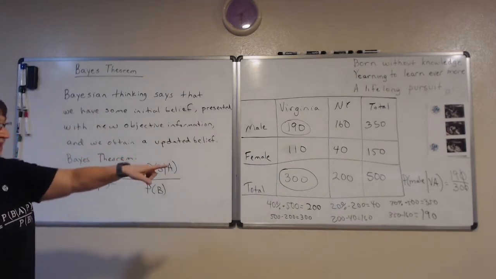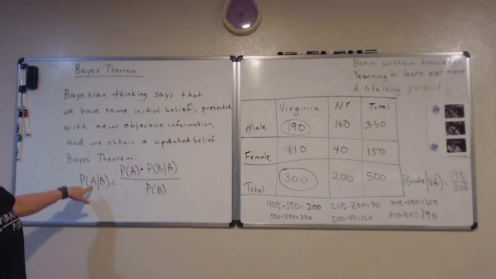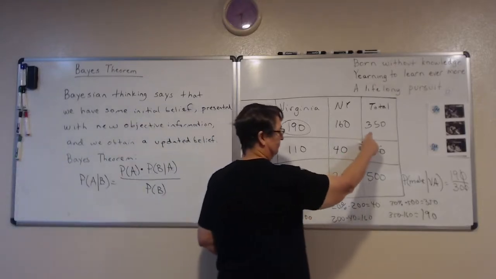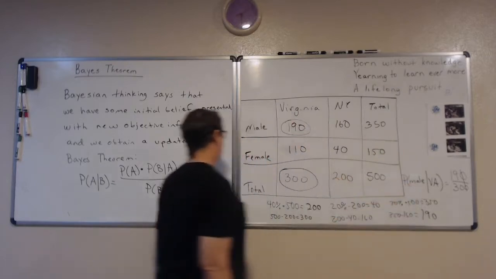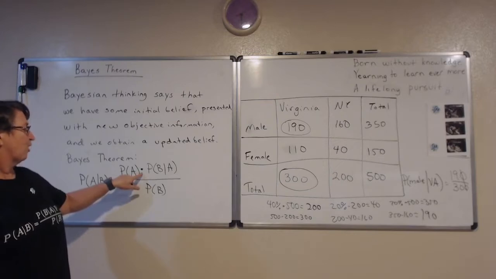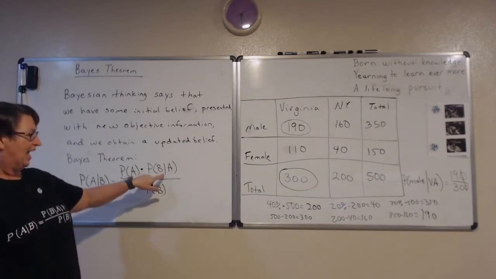So in this case, how did we use it? Well, the probability that they were male was 70%. We multiplied that times the probability that they were from Virginia and male.